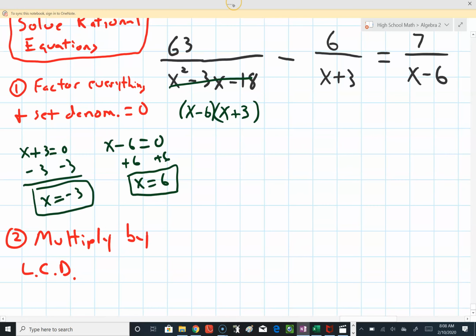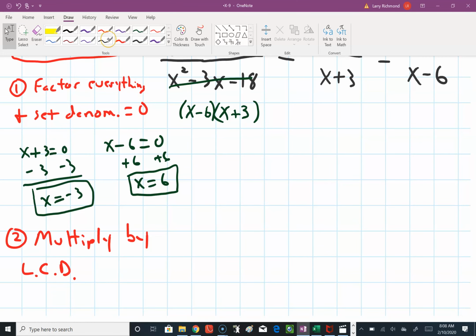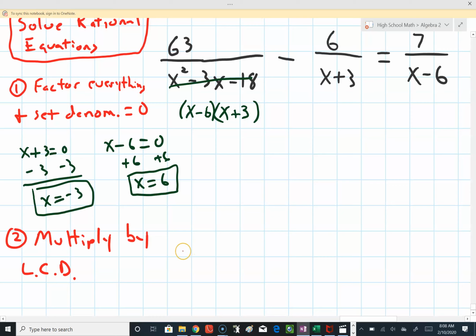Multiply by that least common denominator. The LCD is x minus 6, x plus 3. I'm going to multiply by that on both sides. x minus 6, x plus 3, times my left-hand side.